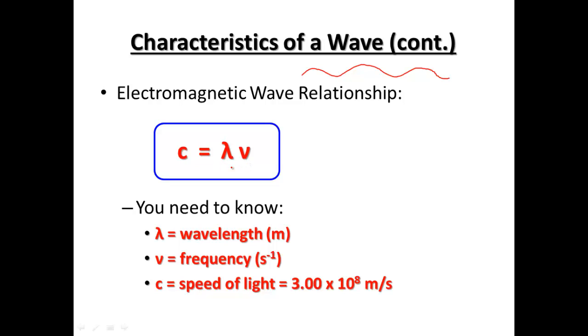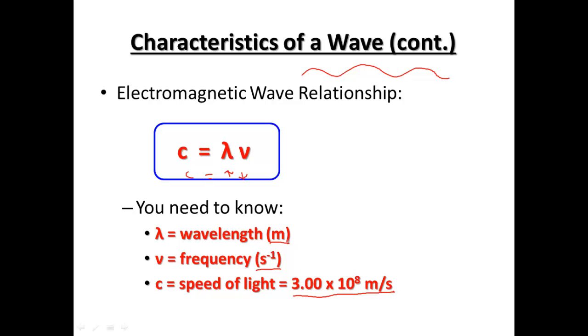Now remember, they're inversely related. As one increases, the other decreases, so that the product stays equal to c, the speed of light. Lambda is our wavelength in meters, nu is frequency in per seconds, and the speed of light is 3 times 10 to the 8th meters per second.